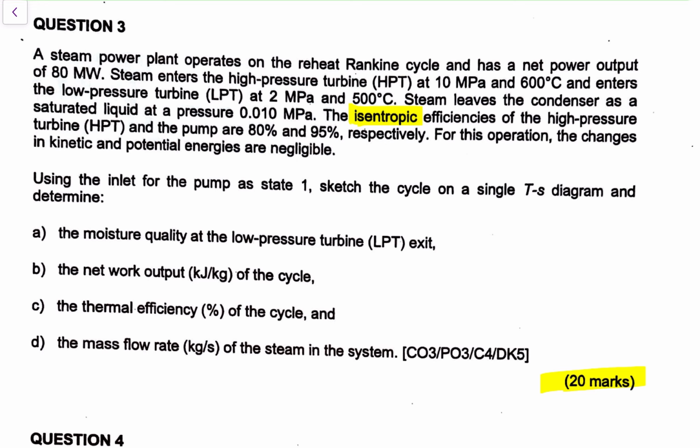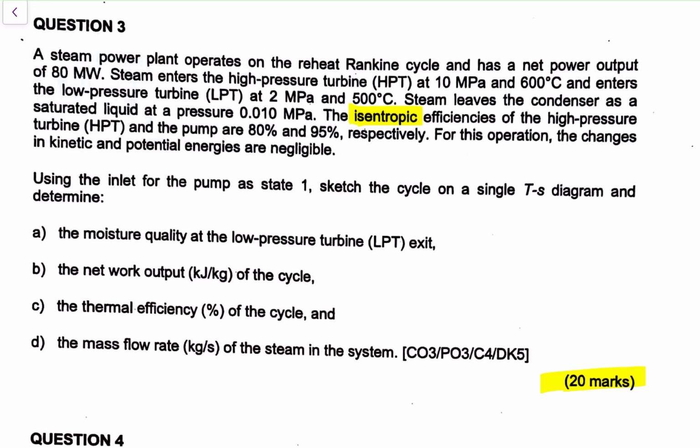Steam leaves the condenser as a saturated liquid at a pressure of 0.010 megapascal. The isentropic efficiencies of the high pressure turbine and the pump are 80% and 95% respectively. For this operation, the changes in kinetic and potential energies are negligible.